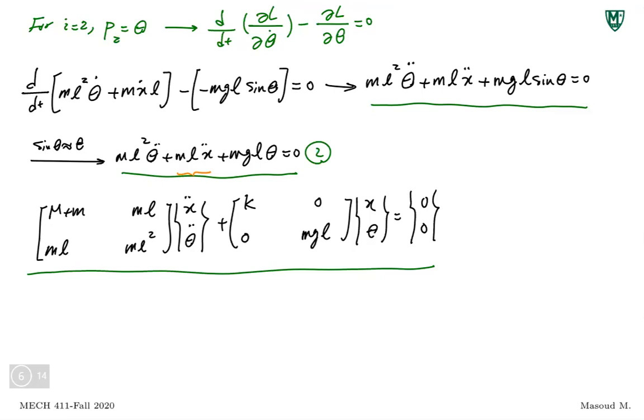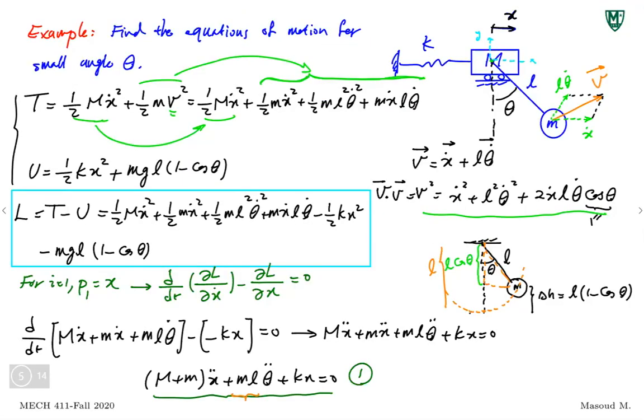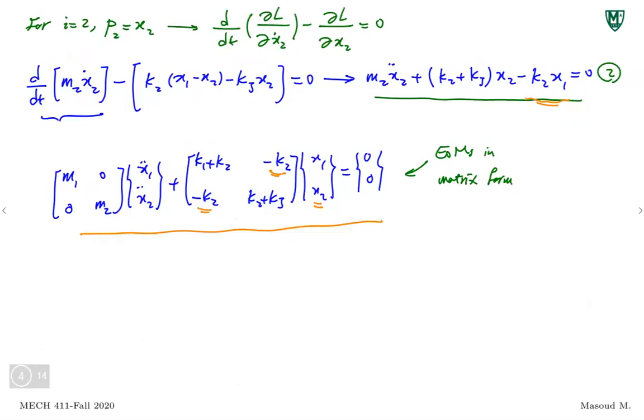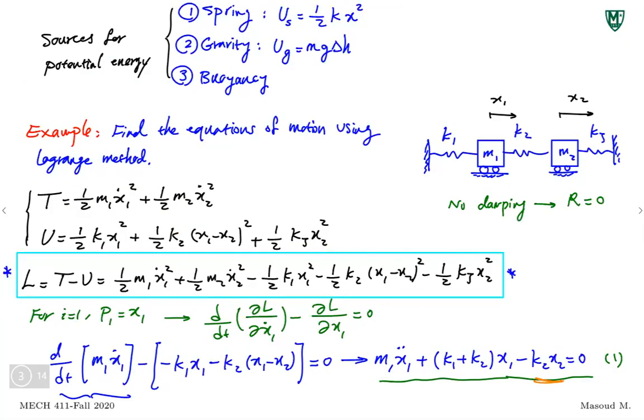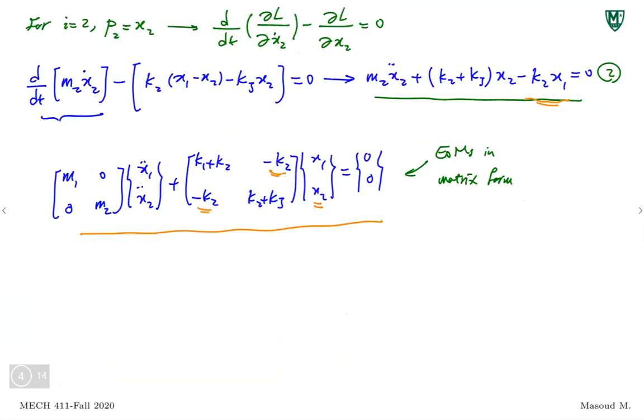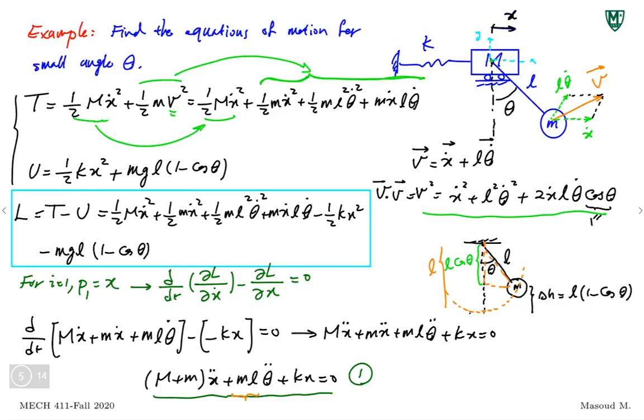Now keep in mind that these couplings happen not because of the nature of the system, but because of the coordinate system we are taking, right? We are assuming. Here we took x and theta. For a 2 degree of freedom system right there, we took x1 and x2. Now, you know, the coordinate system is optional.